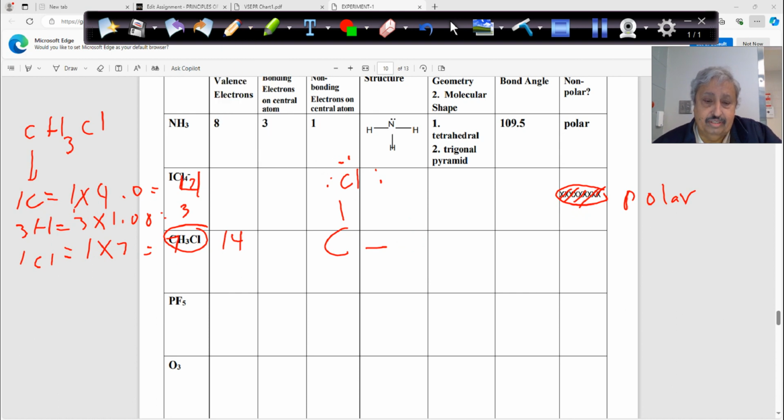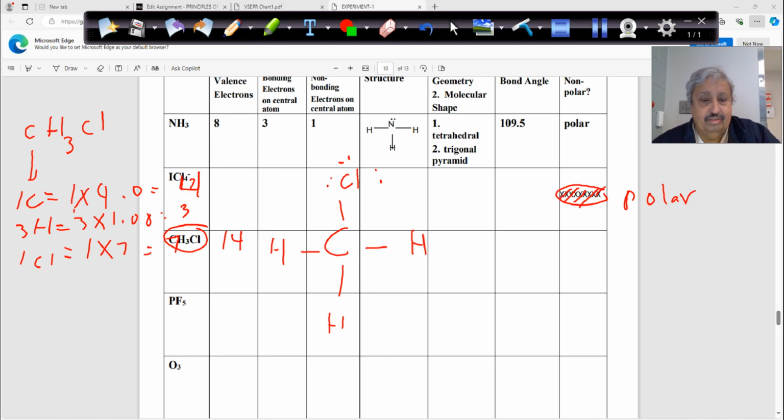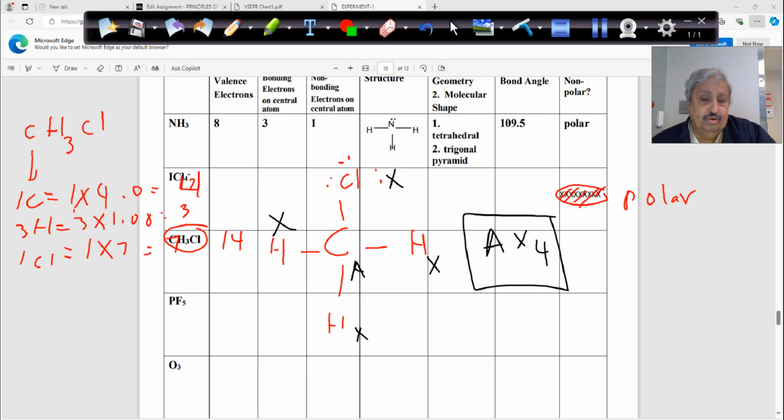And then hydrogens: 1 hydrogen, 1 hydrogen, 1 hydrogen. So this is the code, or the VSEPR formula, AX4. No lone pair.